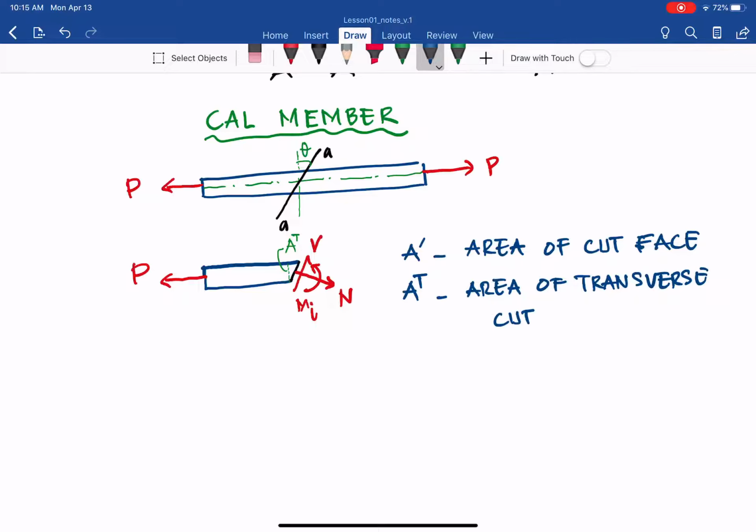So let me zoom in on those areas. What is the relationship between A apostrophe and AT?